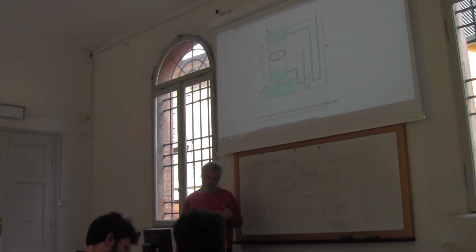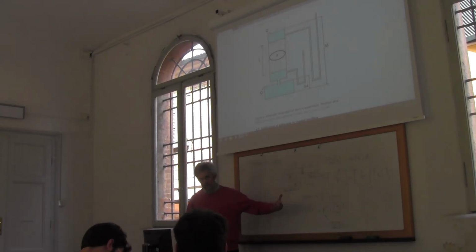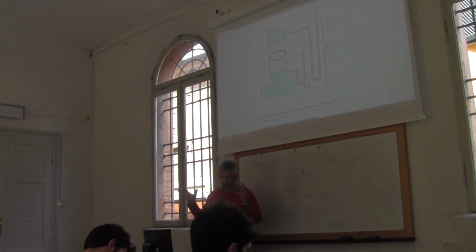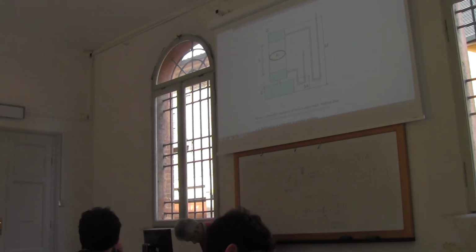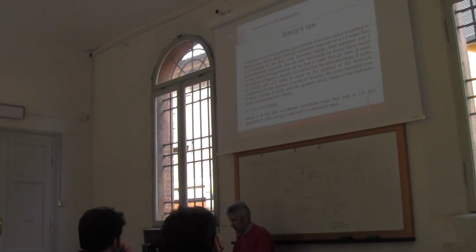Actually, groundwater flow usually evolves very slowly, and therefore, in many cases, we can assume steady-state conditions. But let's talk now about the general formulation. Okay, this is Darcy's law.